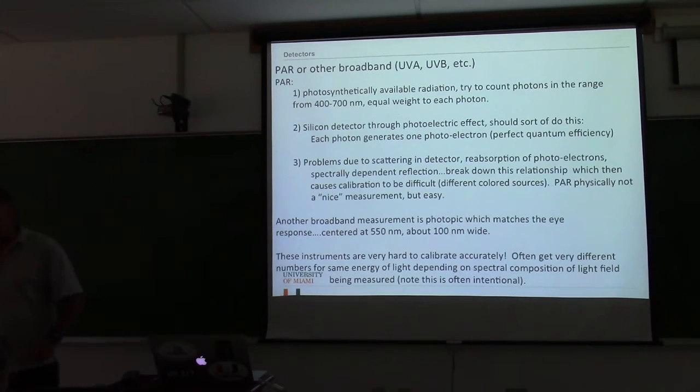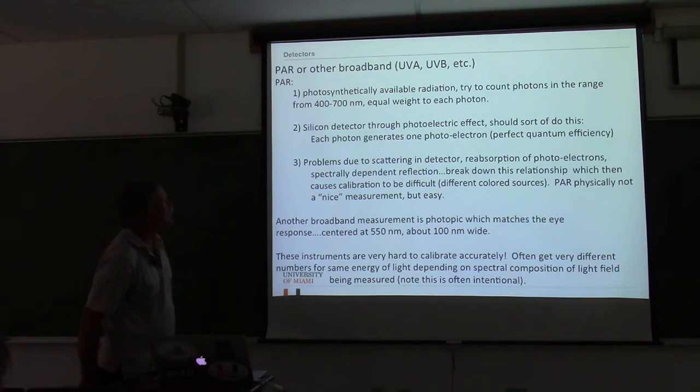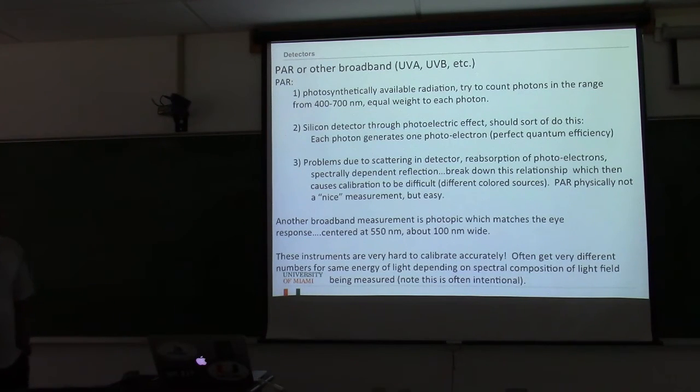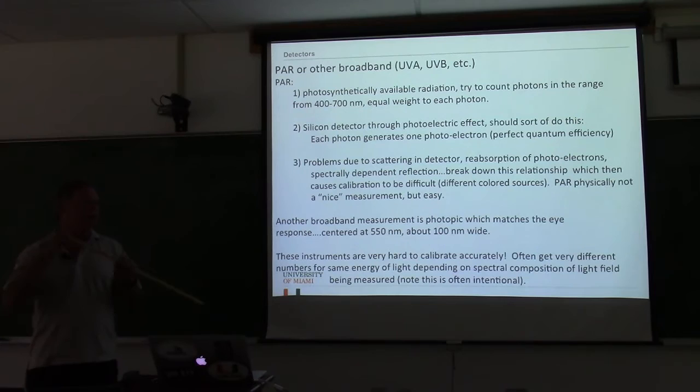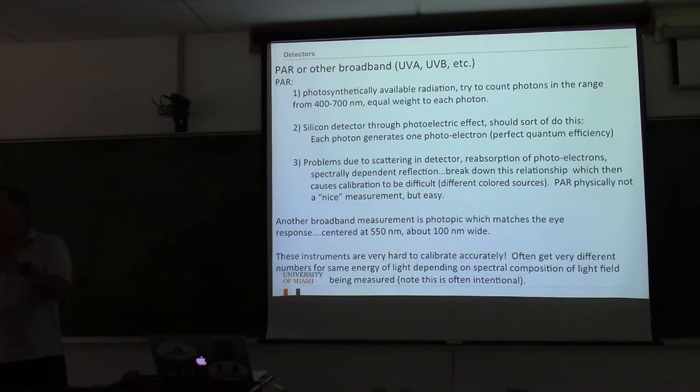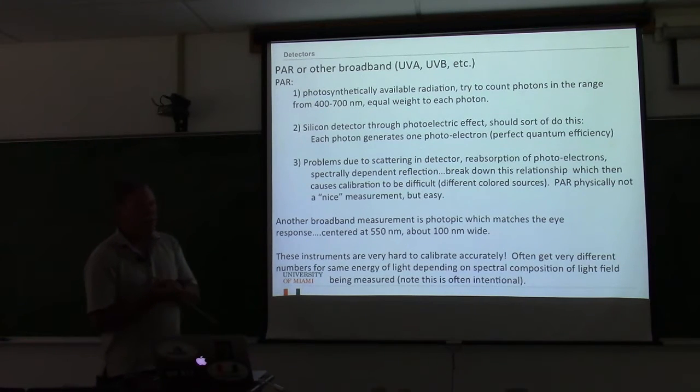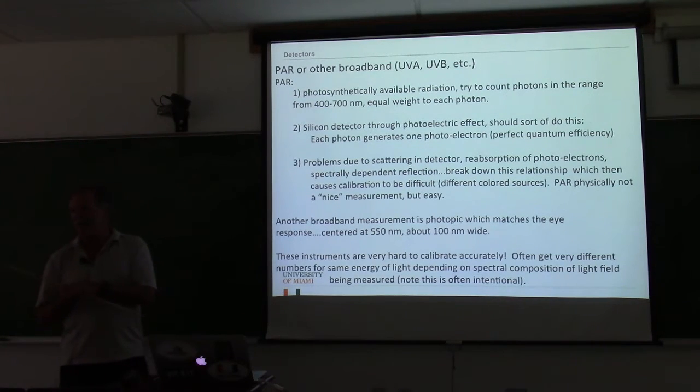So we'll start with a simple one for spectral, PAR. You've already heard about this: photosynthetically available radiation from 400 to 700 nanometers, equal weight to each photon. A silicon detector, if it worked perfectly, would give you a measurement that's just dependent on the number of photons, because each photon would come in and create a photoelectron. If you remember Einstein and the photoelectric effect, you generate a photoelectron, and that's actually what you measure with your electronics.